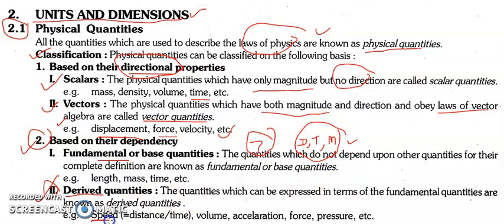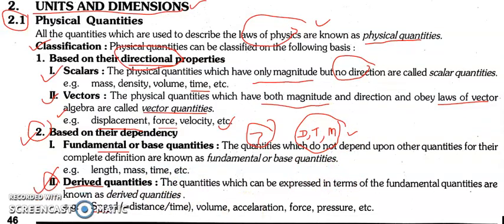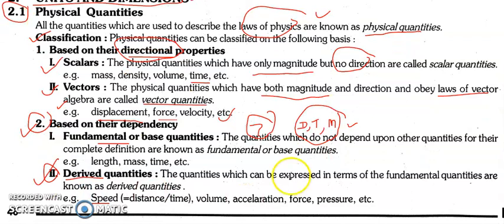For example, we can define speed. Speed is equal to distance upon time. So we need two basic quantities or two fundamental quantities, that is distance is the first one and time is the second one, just to define a quantity which is known as speed. So speed becomes our derived quantity and fundamental or base quantities are total 7 in number, as I've already told you.